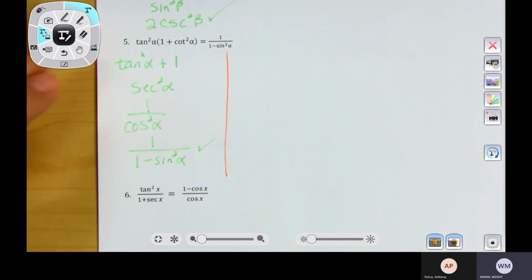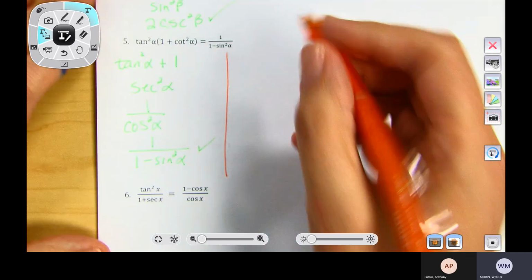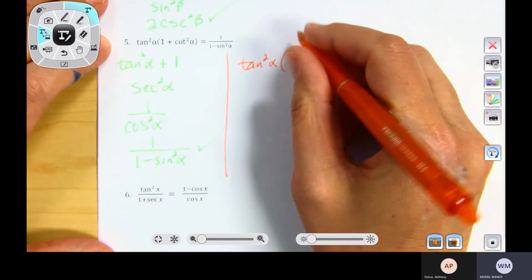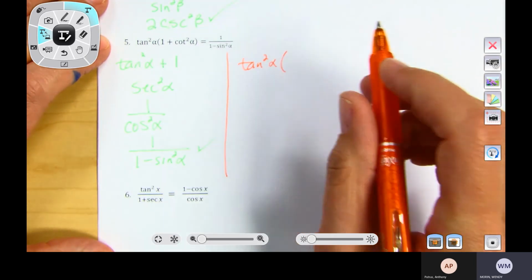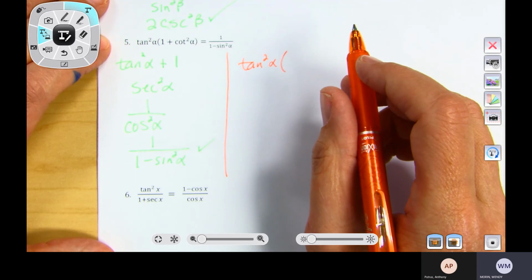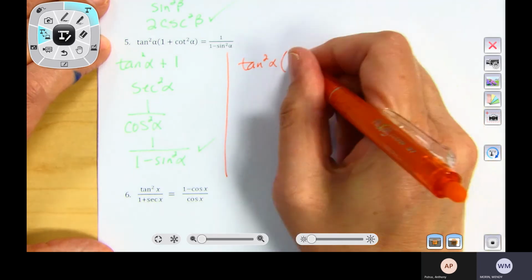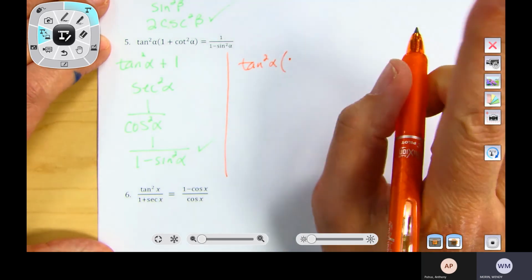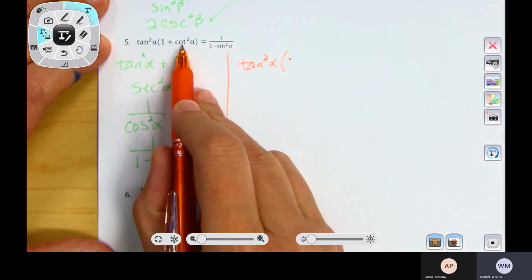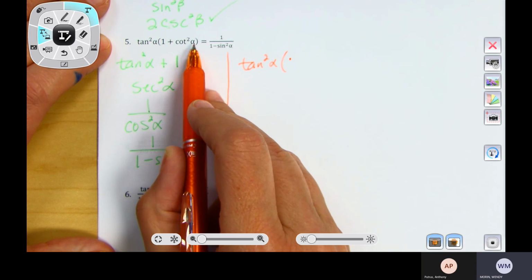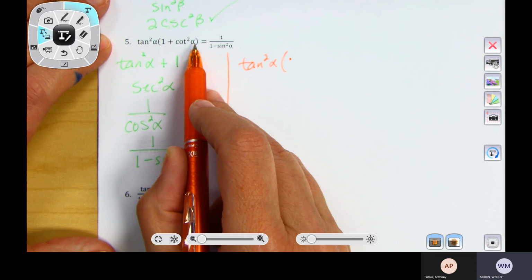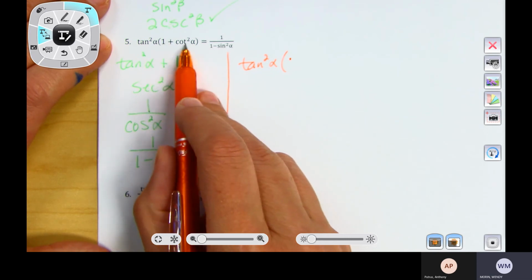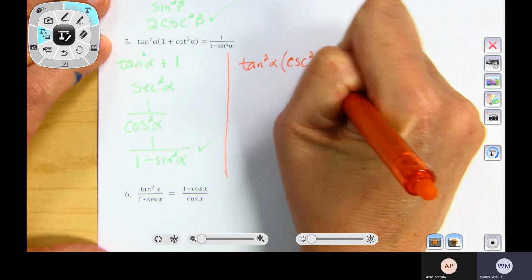Did anybody do anything different on the first step? What you got? So I did tan squared. I set that equal to sine squared over cosine squared. Okay. And then 1 plus cotangent squared is also equal to 1 over sine squared. Okay, hold on, you skipped a step. 1 plus cotangent squared is equal to 1 over sine squared, but you skipped a step on me. What is this equal to? Thank you, cosecant squared.